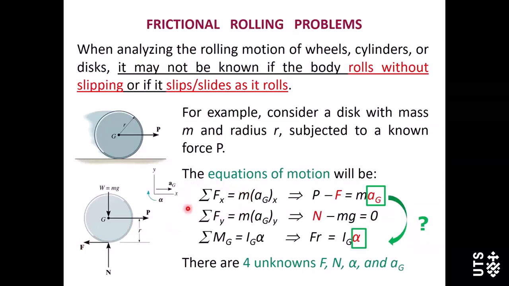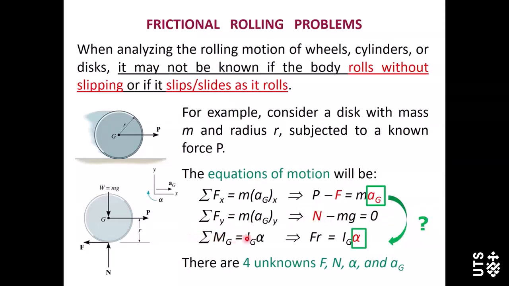We can have 3 equations. Along the x direction, normally we don't know friction force F and Ag. Along the y direction, we have N and Mg, the weight force. This one can give us N.